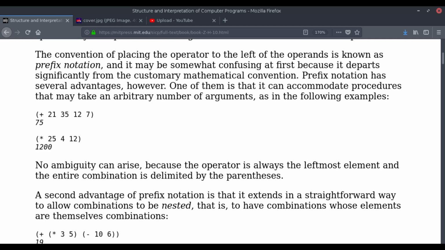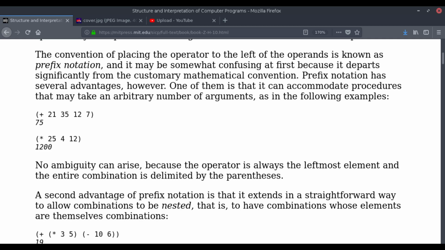No ambiguity can arise, because the operator is always the leftmost element, and the entire combination is delimited by the parentheses. A second advantage of prefix notation is that it extends in a straightforward way to allow combinations to be nested. That is, to have combinations whose elements are themselves combinations.